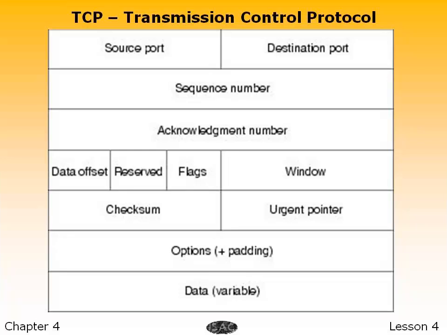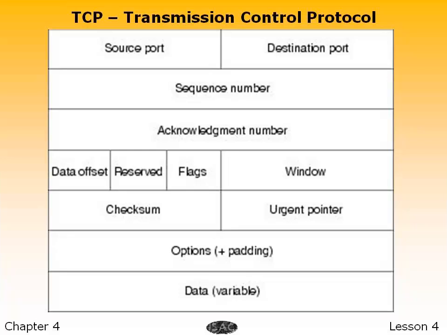ECE, ECN echo, indicates: if the SYN flag is set to 0, that a TCP packet with the congestion experienced flag in the IP header set was received during normal transmission. If the SYN flag is set to 1, the TCP peer is ECN capable.